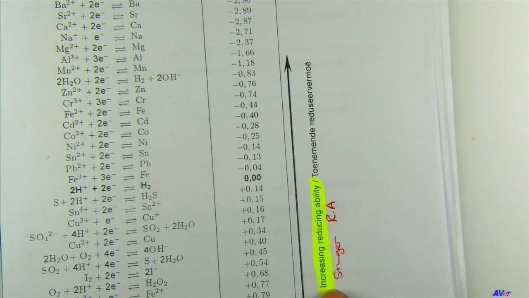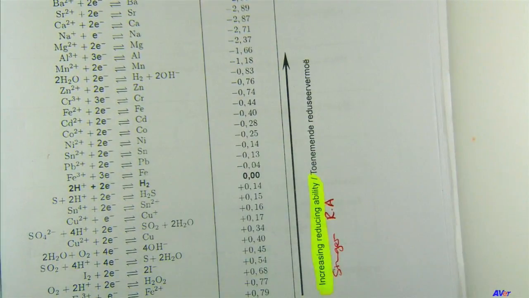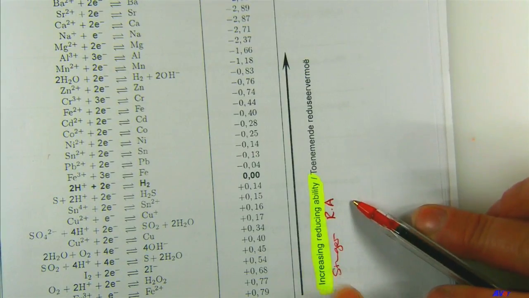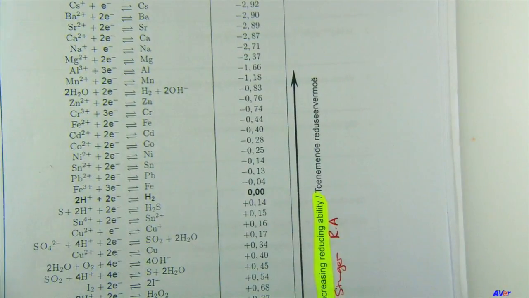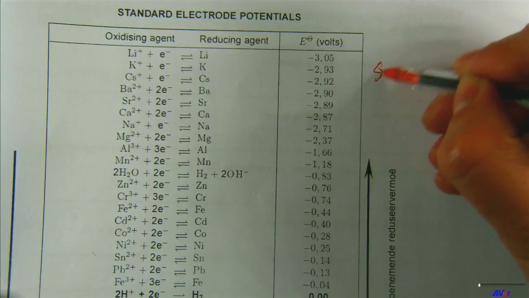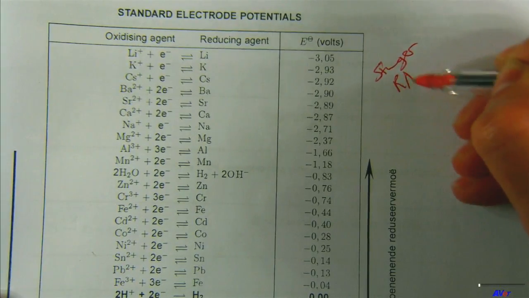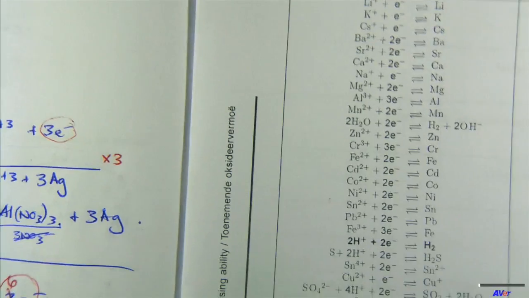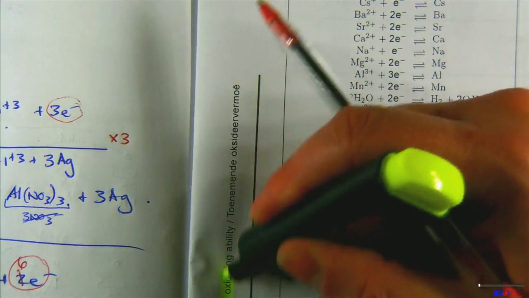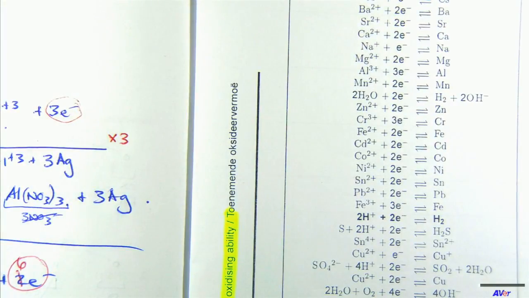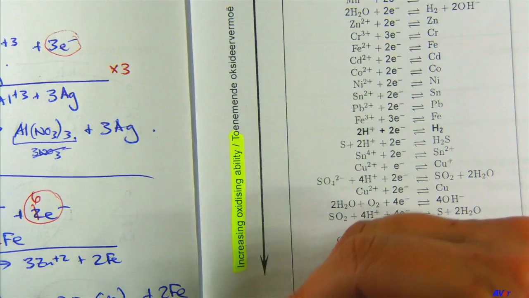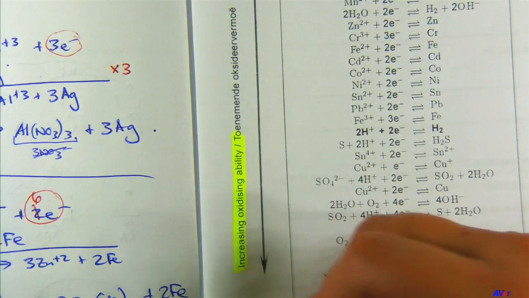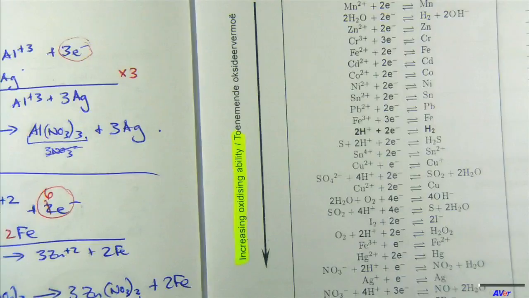It's an increasing ability to reduce the other one, and that means it's a stronger reducing agent. So on your table, on the right-hand side at the top, you will find the stronger reducing agents up to the top. And on the left-hand side, increasing oxidizing ability, which means you find the stronger oxidation agent down at the bottom.